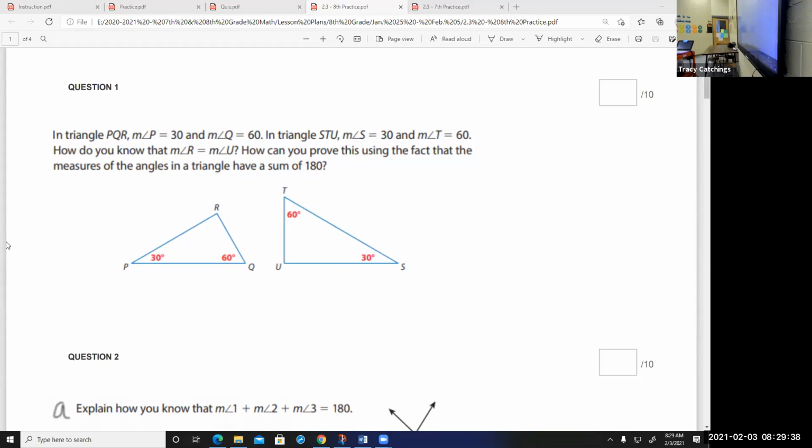My 7th graders complete their entire practice every day. It should be y'all. Somebody read question 1.